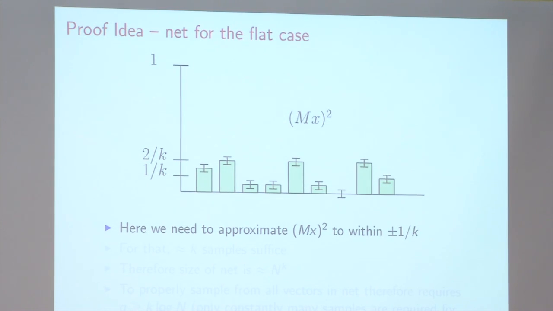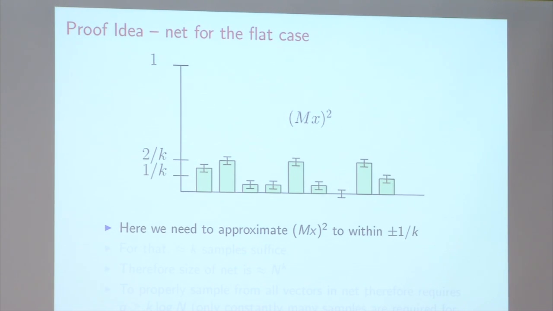And now let's start to understand how many samples I need to take from M in order to approximate this vector well. In other words, how big is my net going to be, right? I have to now approximate this vector using a sample of columns from M. And to approximate such a vector well, you really want each coordinate, or roughly each coordinate, to be approximated to within 1/k, because the coordinates are pretty small here, roughly on the order of 1/k.